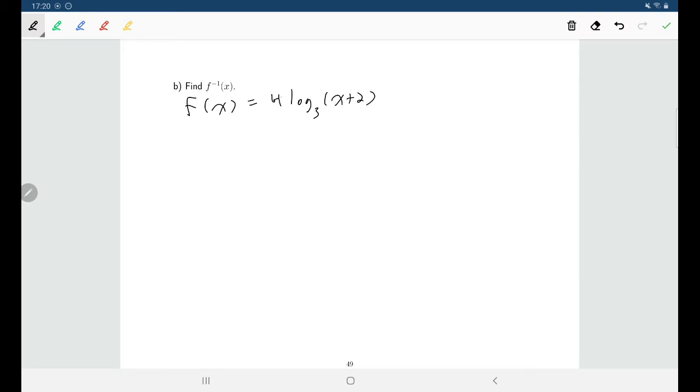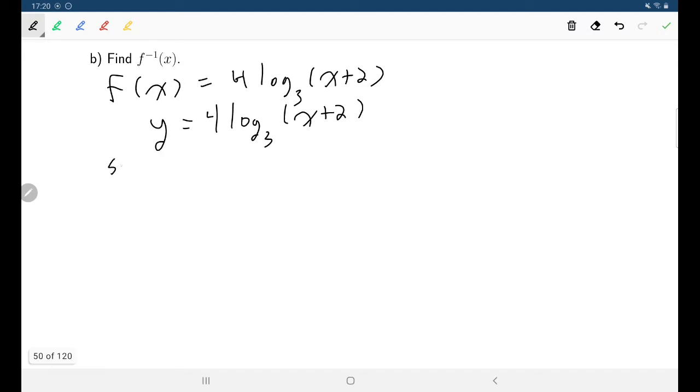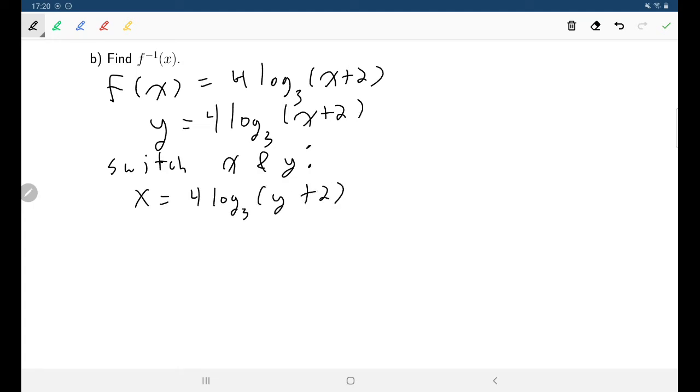We would rewrite this as y equals. And then remember, what we do next is switch the x's and the y's. So we would have x equals 4 log base 3 of y plus 2.